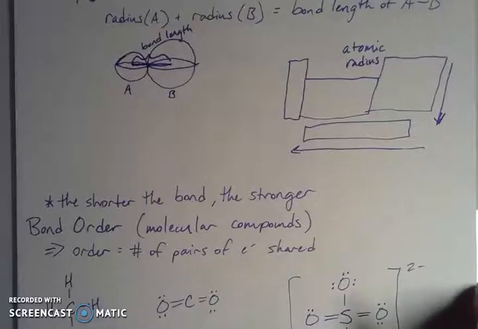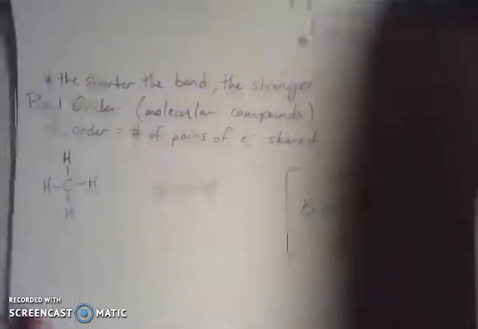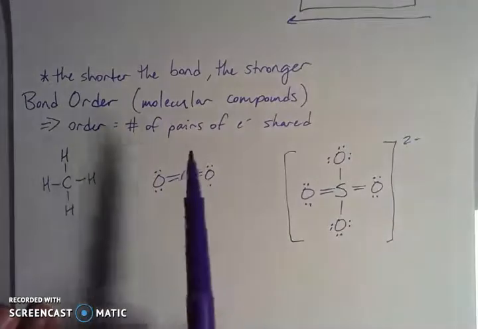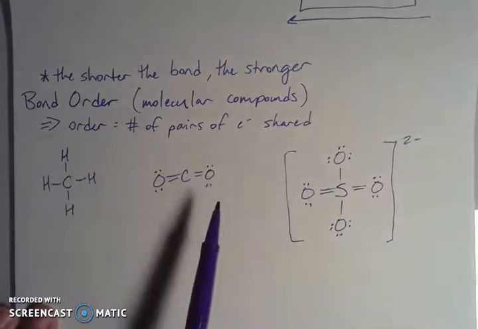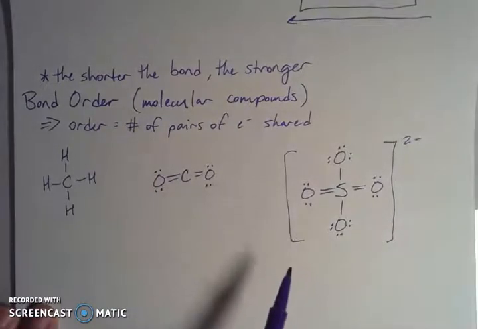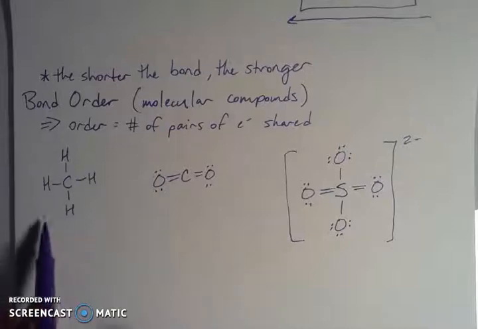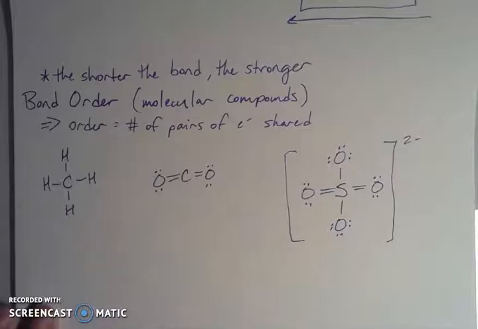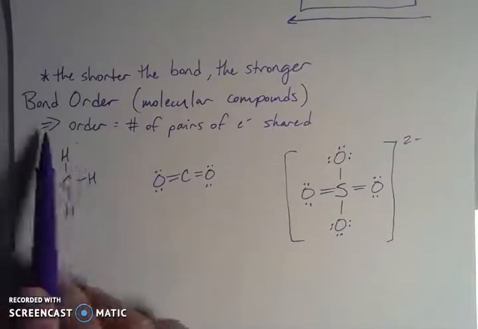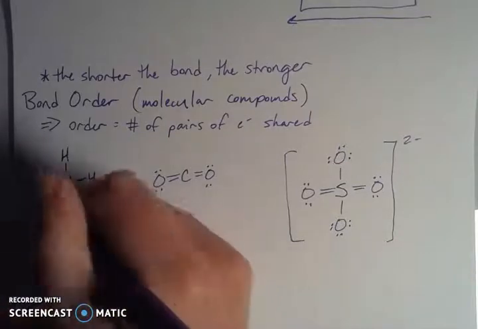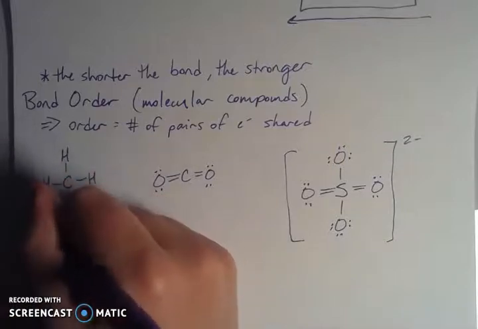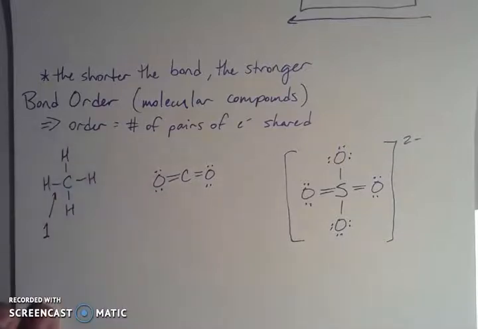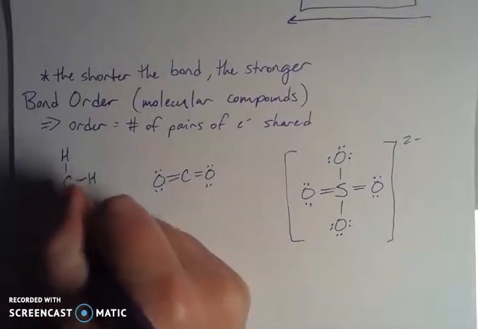Now this relates to an idea called bond order, which is in molecular compounds, and relates to what I was talking about above with the single versus double bonds. So if I take a molecule like methane here, then it just has single bonds in it. And I would say that the bond order for this single bond is 1, which just means that it's single.